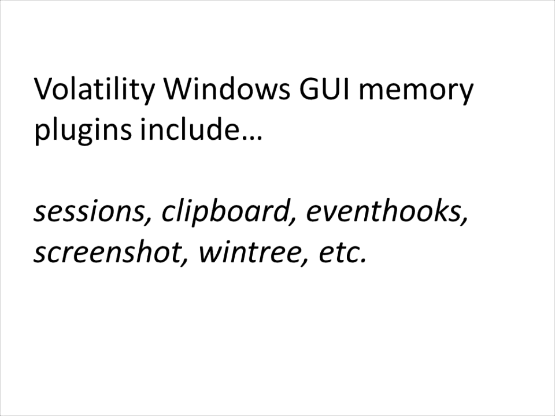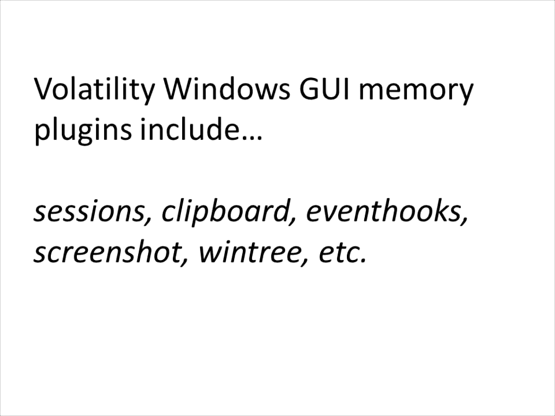There are also a bunch of plugins for examining the Windows GUI. Windows GUI information is of course stored in memory, and so you can use Volatility now to look at the event hooks that correspond to the GUI interface. You can attempt to gather some aspects of what the screen might have looked like. You can look at clipboard contents. That's pretty cool.